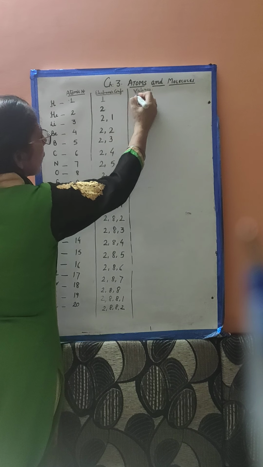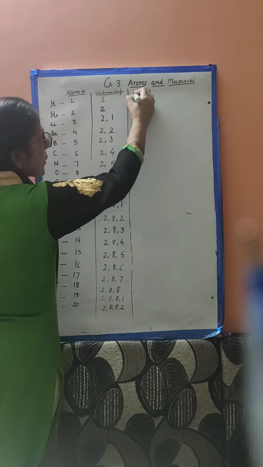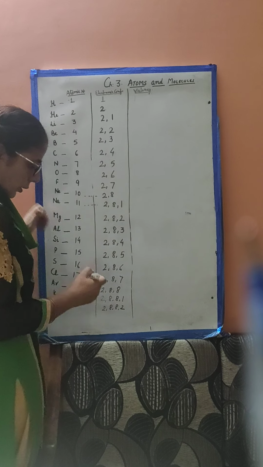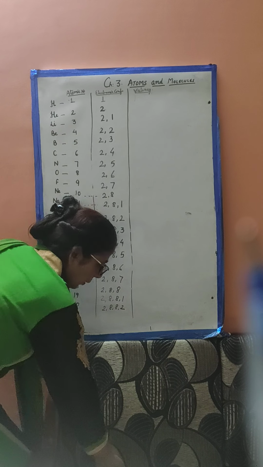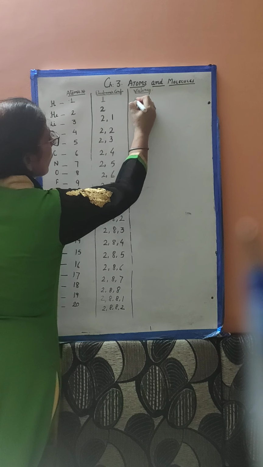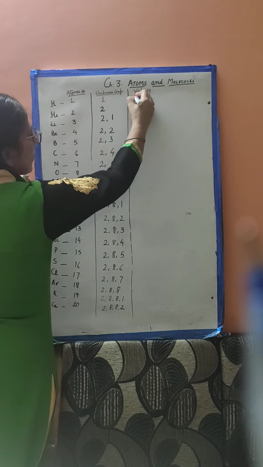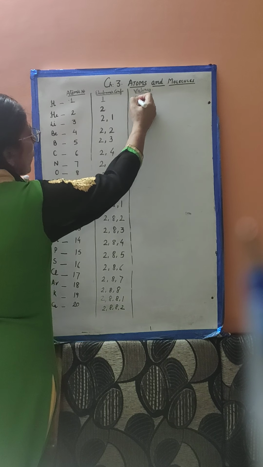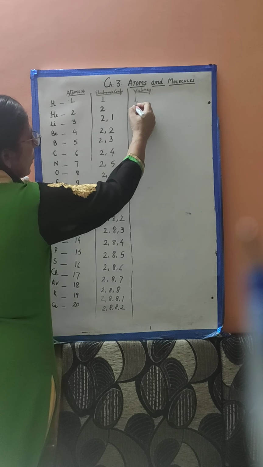So here I can say the valency is 1, or 2 minus 1. In both cases the valency will be 1 only. The valency of hydrogen is 1.